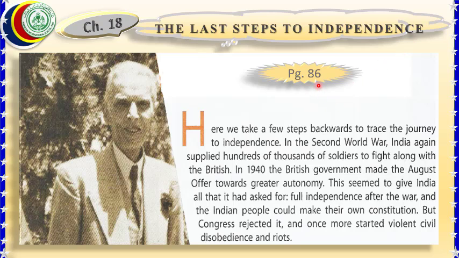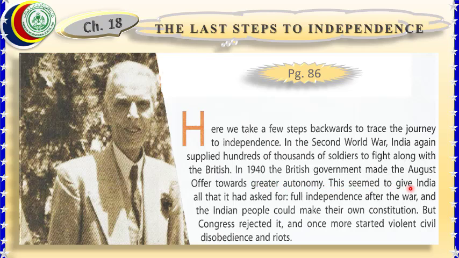Book page 86. Here we take a few steps backwards to trace the journey to independence. In the Second World War, India again supplied hundreds of thousands of soldiers to fight along with the British. In 1940, the British government made the August Offer towards greater autonomy.